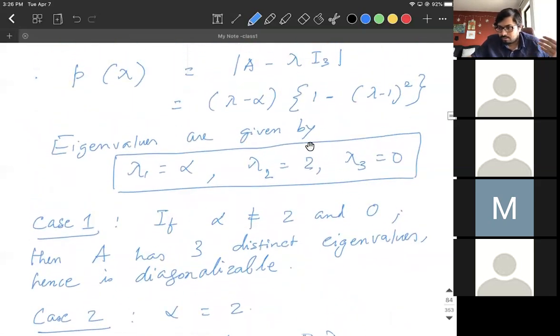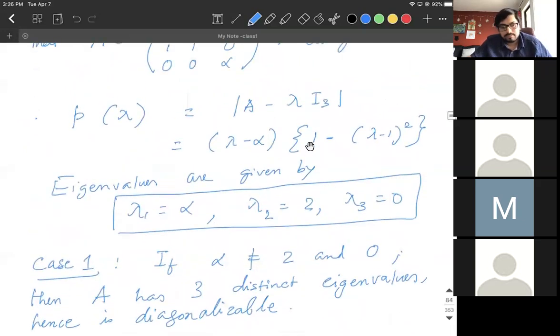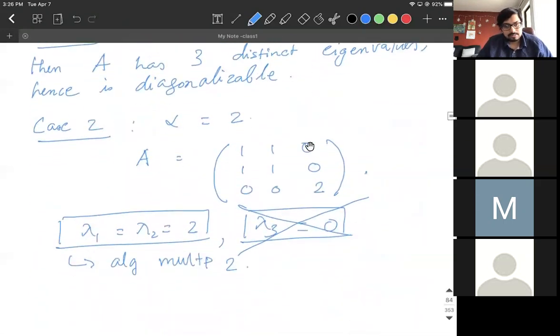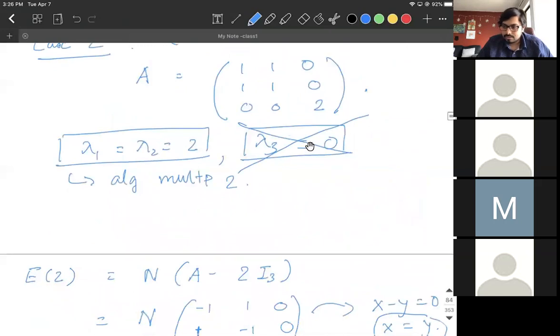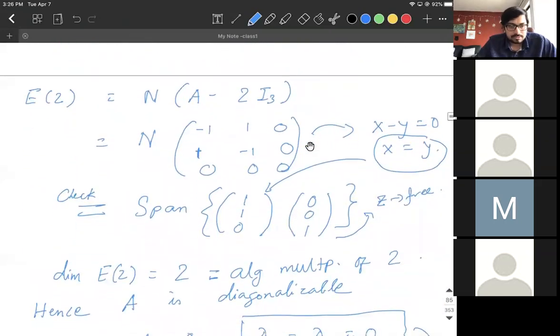Here you know these two eigenvalues, lambda 2 and lambda 3. They are 2 and 0, so they are fixed. What varies is the first one, depending on the choice of alpha. So you have to separate out cases to conclude whether it's diagonalizable for every alpha or not.